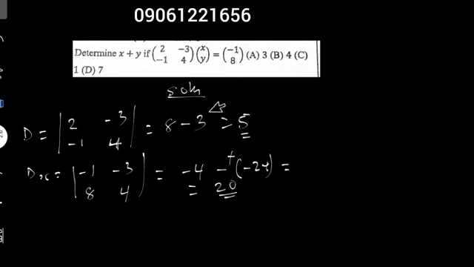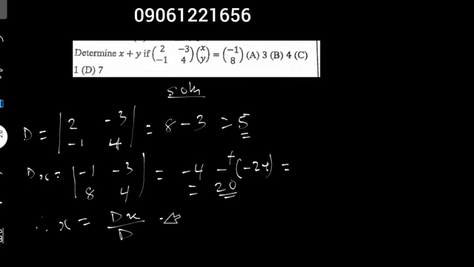Okay, now let's find the value of s. Since I've gotten the determinant of s, to find the value of s, that is the determinant of s divided by the determinant of the matrix.